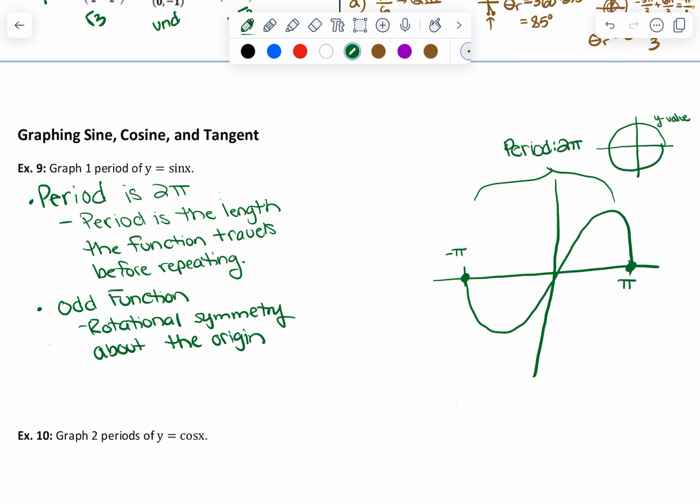So if you recall, the definition of an odd function is f of negative x is equal to negative f of x. So that means that outputs will have the opposite value of the opposite inputs, which we'll see when we create this table. Also, we call this oscillating. Sine is an oscillating function because it is repeating. It is a smooth curve.